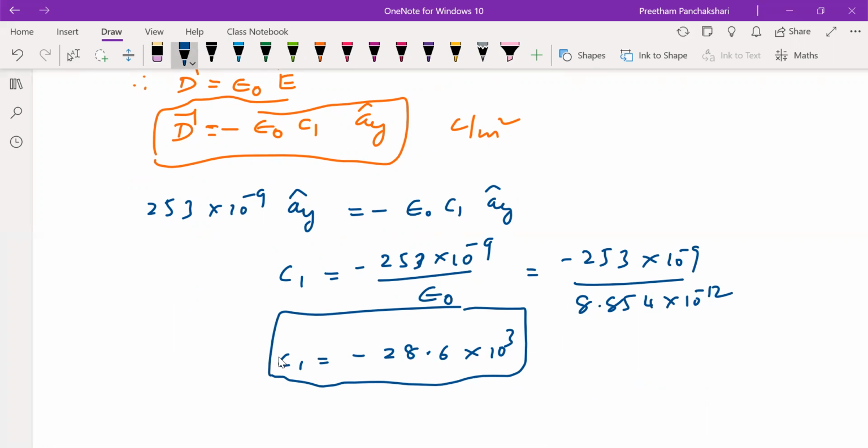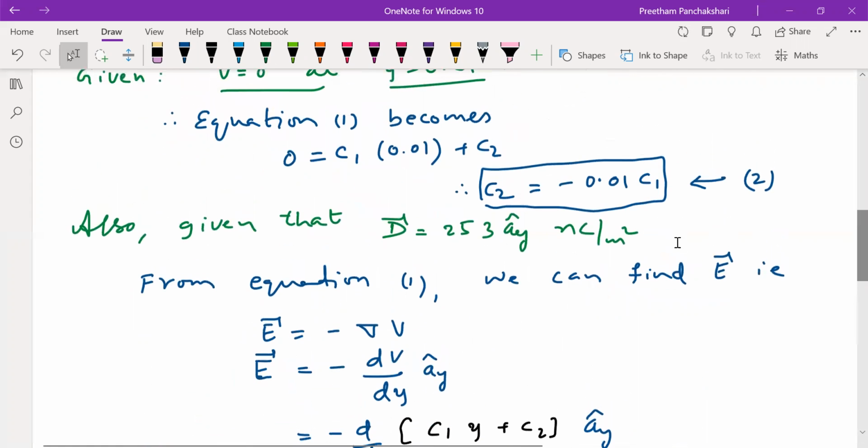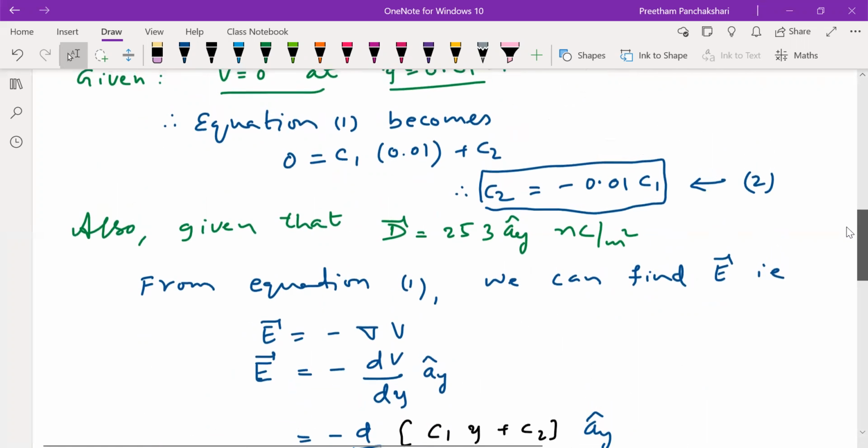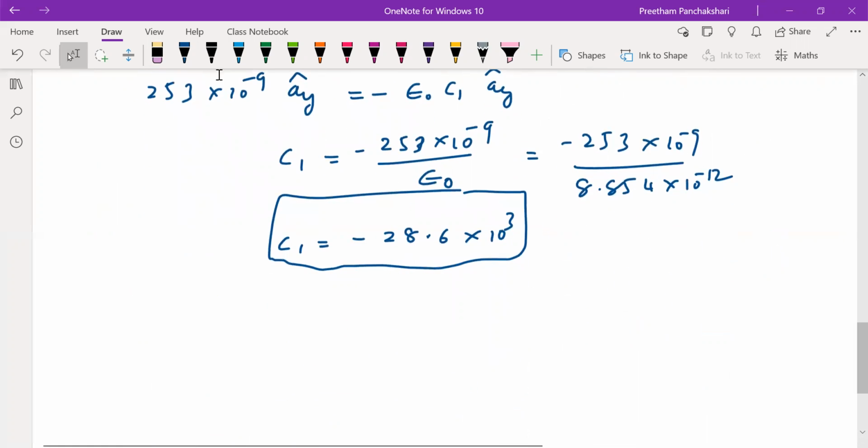Now we have to find the second constant of integration, that is C2, from equation number 2. See, here is equation number 2. C2 is equal to minus 0.01 C1. So we shall complete the calculation of C2 now.